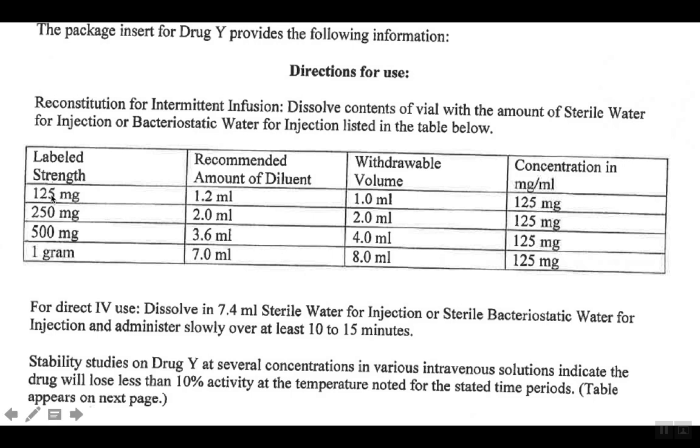That means you don't care about any of these other strengths. You should only focus on the 500 milligram vial. Cross these out right away so that you don't get confused. Then they tell you how much diluent you need to add, right? So 3.6 ml to make a total volume of 4 ml, and the concentration is 125 milligrams per ml. Okay, so it's pretty straightforward.